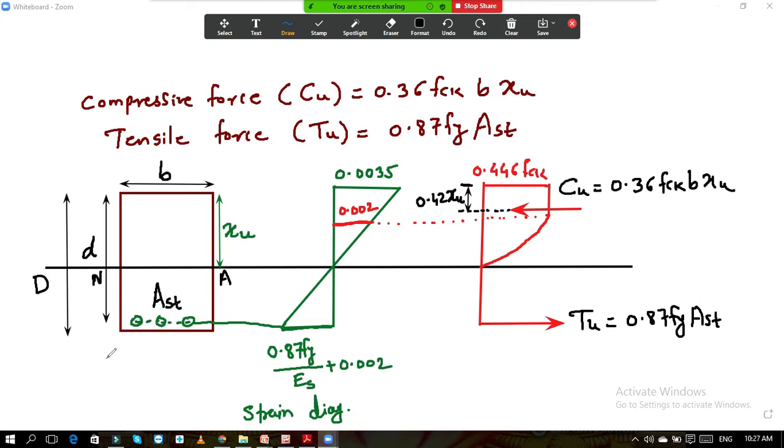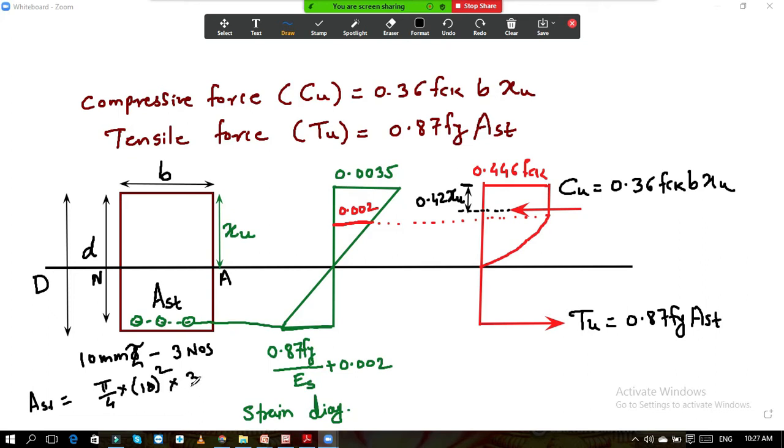Suppose I provided 10 mm diameter bars, and assume you have provided 3 bars at this point, then what will be your value of Ast? Your Ast will be the area of a single bar, pi by 4 into d square, multiplied by 3.